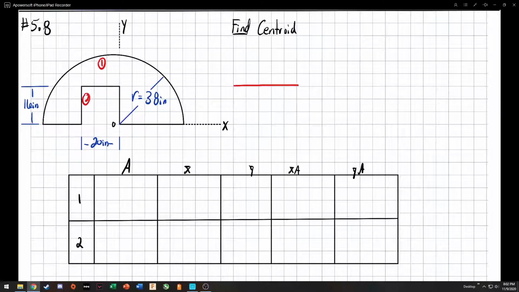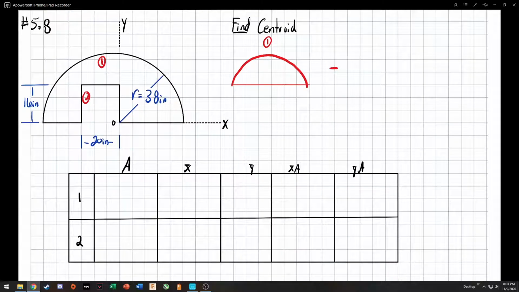So I'm just going to do a vague drawing of them right here. Semicircle, which is 1, minus, because this is a hole, this rectangle is being taken away, minus our rectangle, 2.